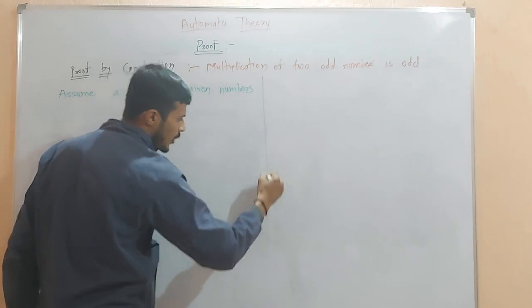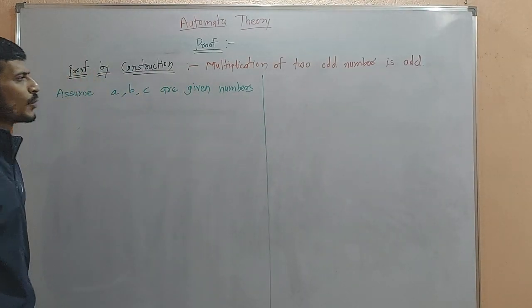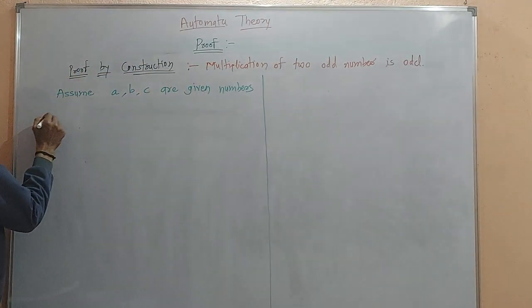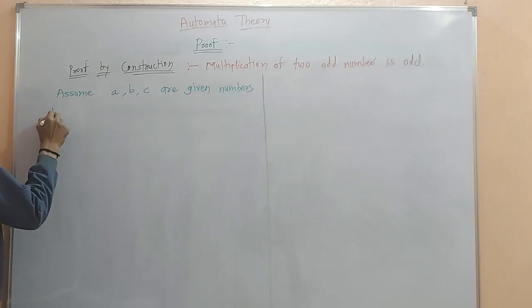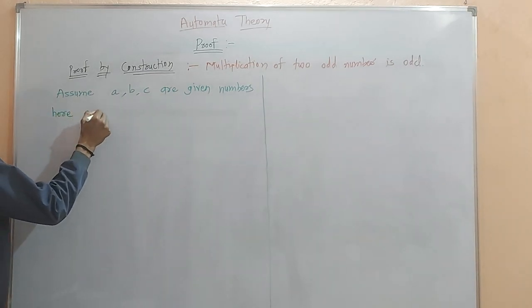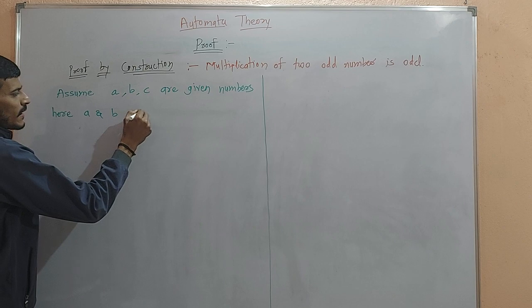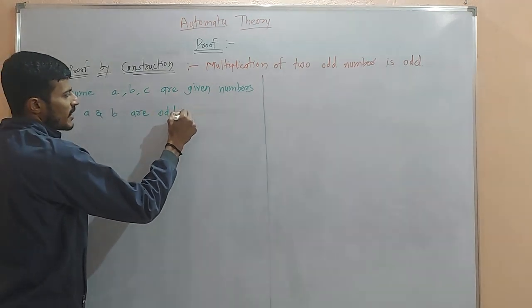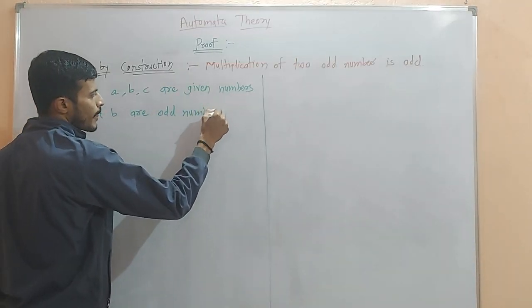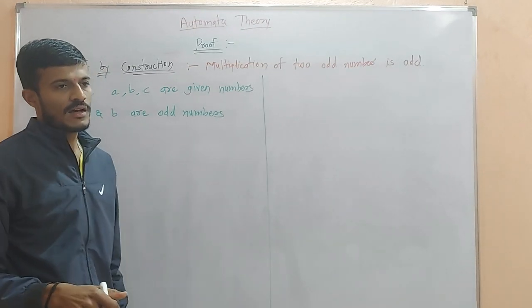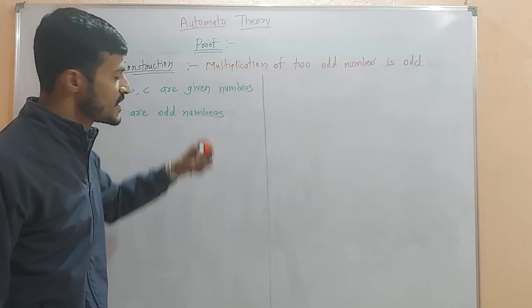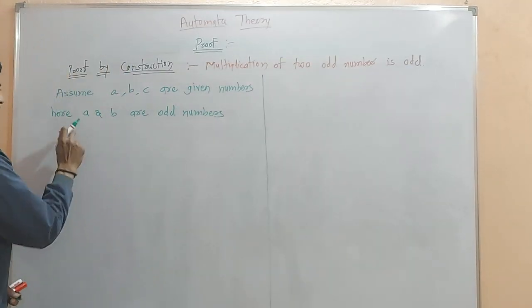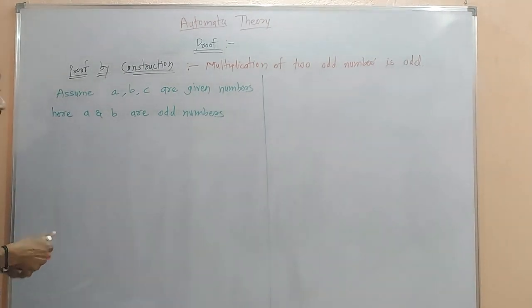Okay, so what I have mentioned here is A, B, C are given numbers. Here A and B are odd numbers, and we have to find out that C is an odd number. So as I mentioned, A and B are odd numbers.